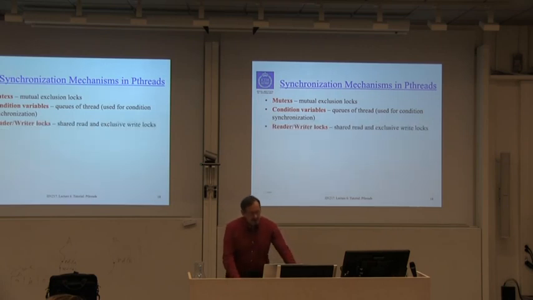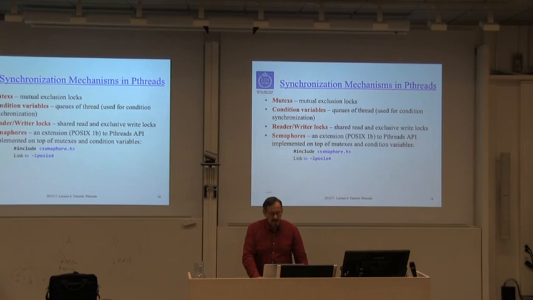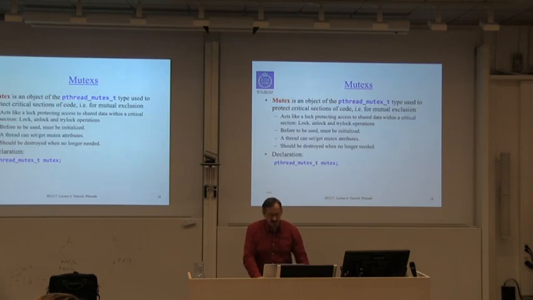Then there are readers-writers locks that allow shared reading and exclusive writing of shared resources, and CMR voice, which is an extension of the POSIX pthread application programming interface. API stands for application programming interface, or library if you will, which is implemented on top of mutexes and condition variables, and they come as an extension.